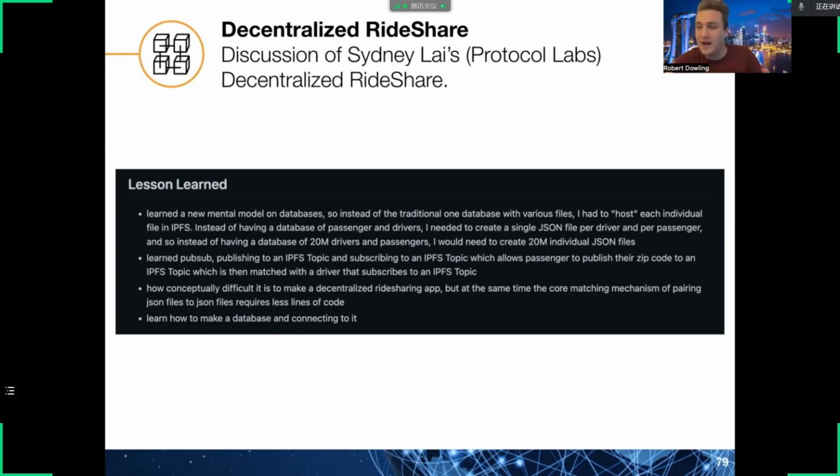So instead of one file with 20 million passengers and drivers on it, she had 20 million files on Filecoin IPFS. And she was able to use this subscription to IPFS topic that allowed her to match the zip codes associated with each of the drivers and the riders.